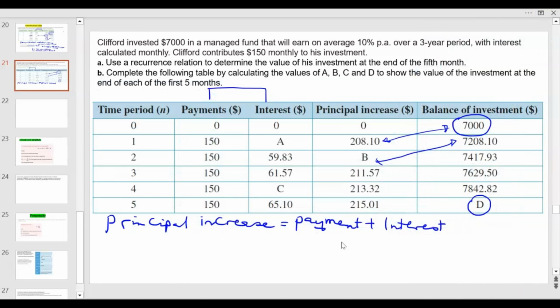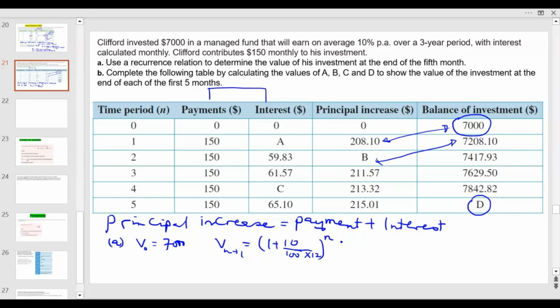So the recurrence for A will be: the amount that was invested was 7,000, and the R value will be 1 plus 10 over 100 times 12, because that needs to be converted into a monthly basis, to the power of n.